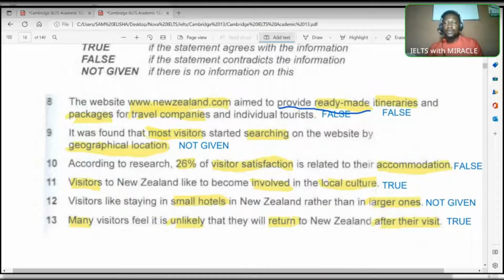Now you would notice while I was taking the practices that I was moving from one paragraph to another. The thing about true, false, not given is that sometimes you will get two questions in one paragraph. Sometimes you could even skip. You will see number 1, maybe number 8 in paragraph 1, and then you just notice that number 9 will be in paragraph 5. So it may not follow that sequence from one paragraph to another.